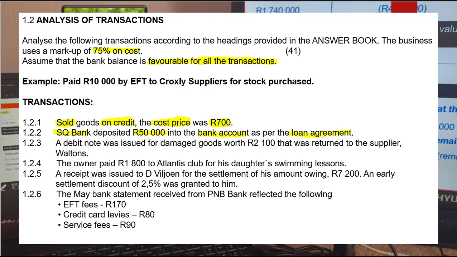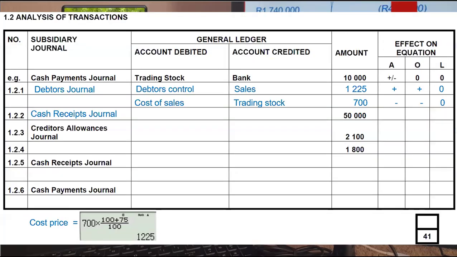The fact that they are depositing money into a bank account, obviously, bank is affected. So bank is increasing. They are depositing money. Anything that has to do with money affects cash receipts, cash payments, petty cash. Which one is this one? It is the cash receipts because we are receiving money.